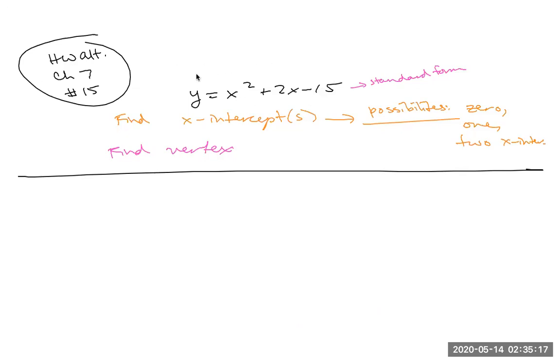Okay, so for the x-intercepts, kind of think about the graph.